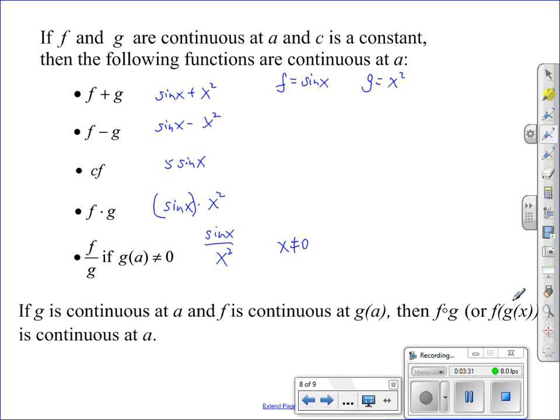For example, if f is sine and g is x squared, because x squared is continuous everywhere and sine is continuous everywhere, f of g of x is sine of x squared. This new function is continuous everywhere in the domain. All right. So now we can create many new functions from old continuous functions, and they are all continuous everywhere.